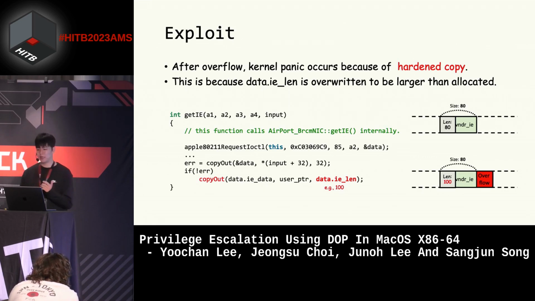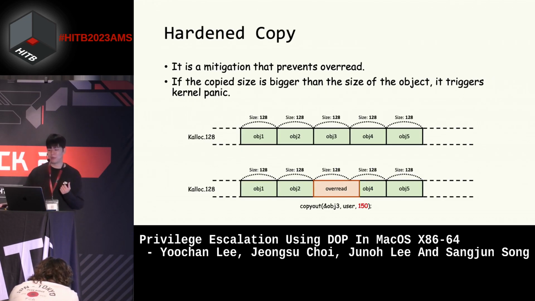However, we face a problem after the heap buffer overflow. Since the overflow modified the length element in the BNDR-IE object, the copyout function triggers the hardened copy mitigation. The hardened copy mitigation is for preventing overread when executing the copyout function.